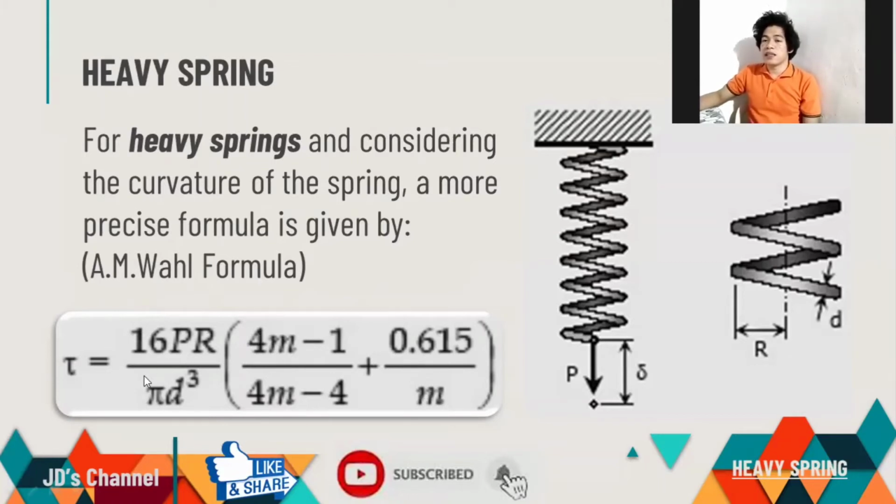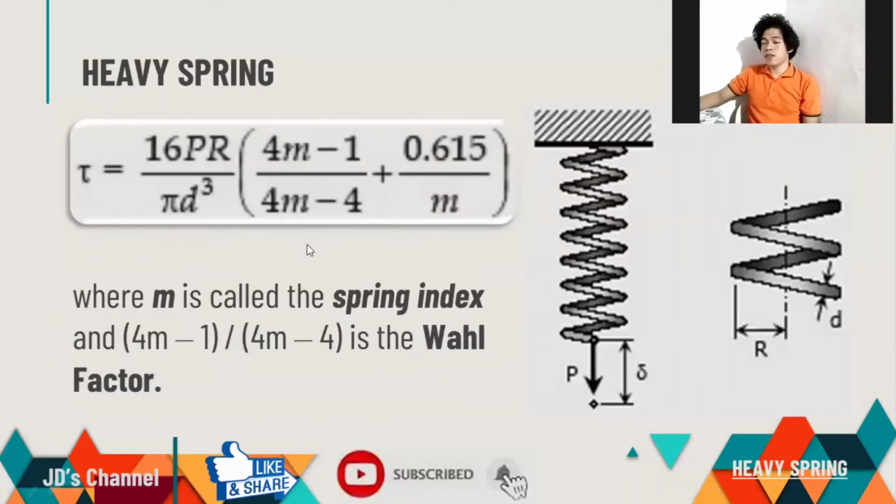So our tau max equals 16 PR over pi d raised to 3 times the quantity (4m minus 1) over (4m minus 4) plus 0.615 over our spring index, where m is the spring index, and (4m minus 1) over (4m minus 4) is the Wahl factor.